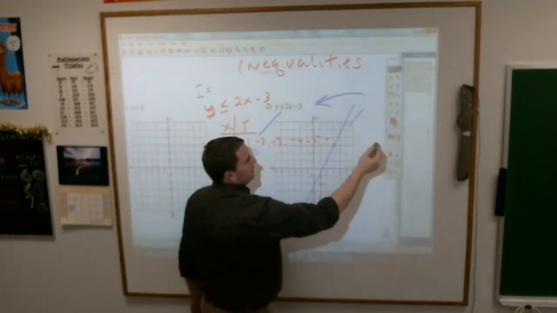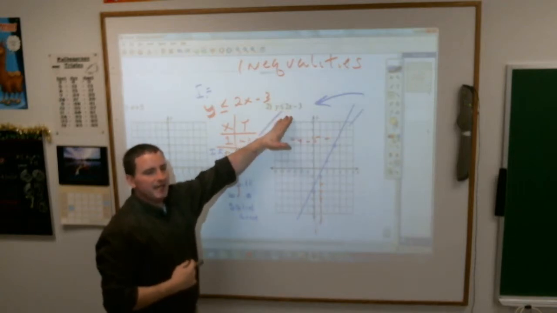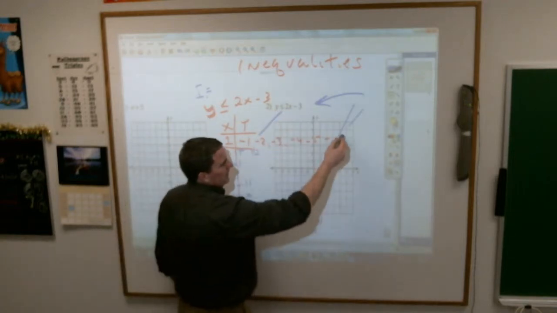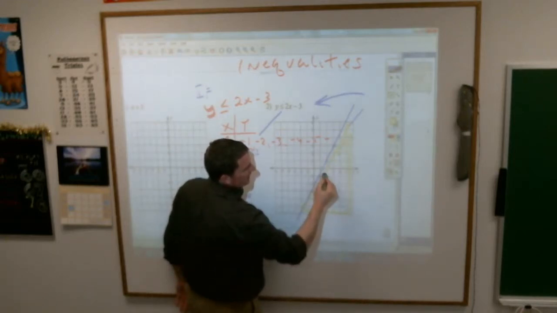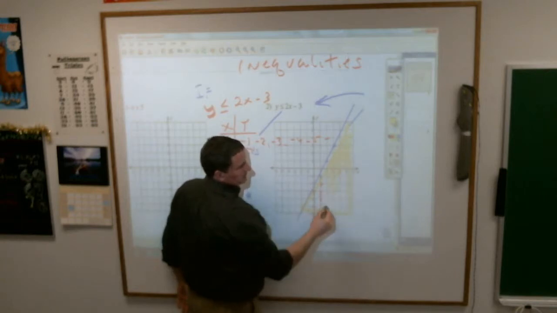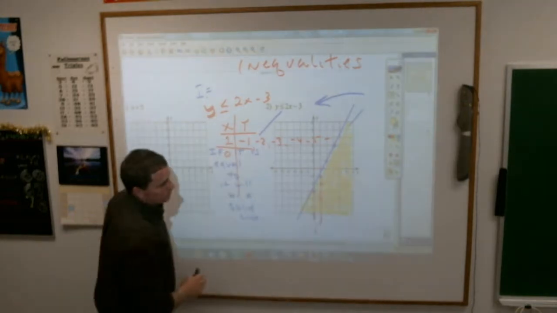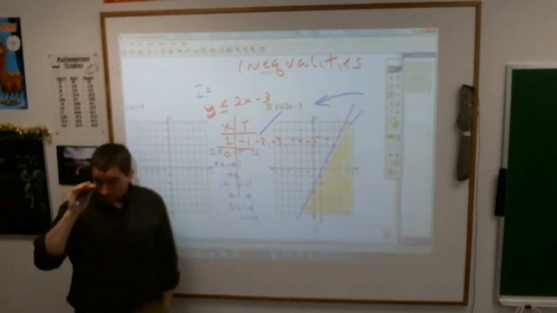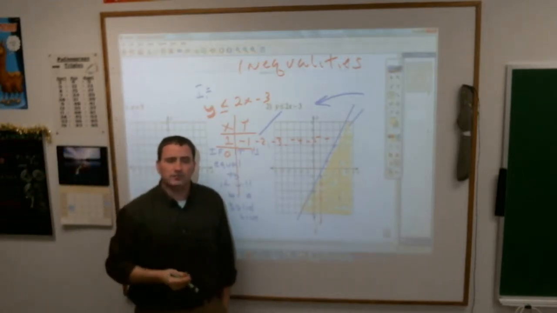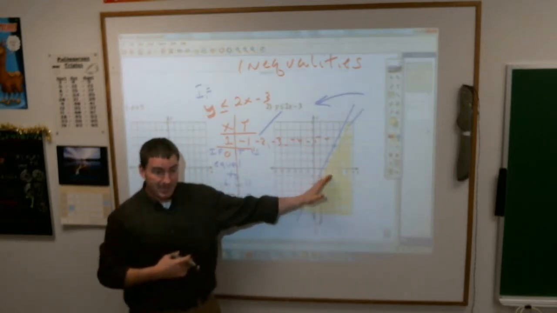And here's the other point you have to look at. Since these are all the values of y less than, you shade everything that is less than that line. Listen carefully, the point where most people get confused is they don't know what side of this line to shade, the top or the bottom.